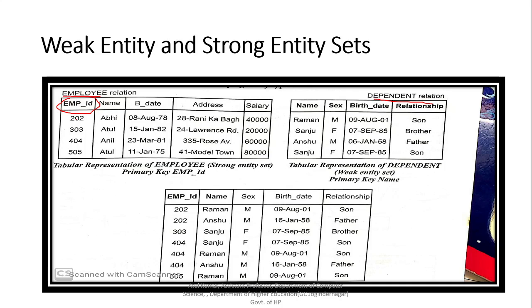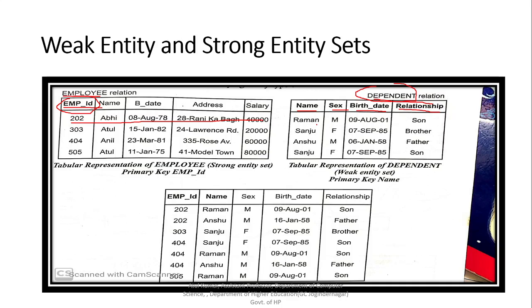Because it uniquely identifies each row in the employee table, as the employee ID for each employee is different from every other employee. But in the second relation, the dependent relation, we do not have such an ID. We have only attributes like name, sex, birth date and relationship.